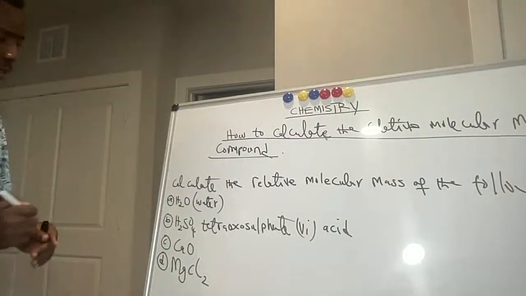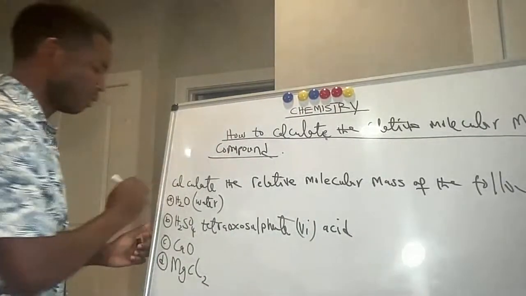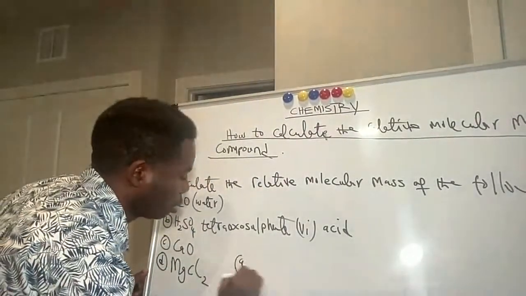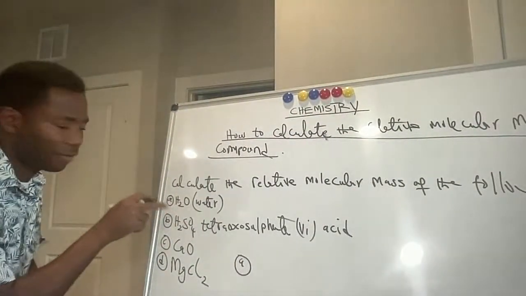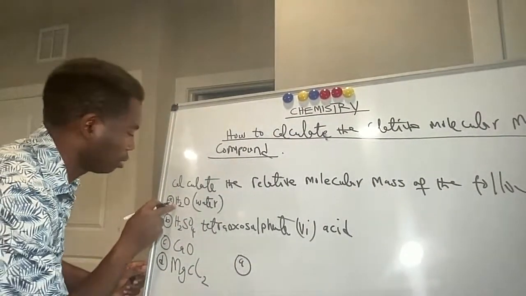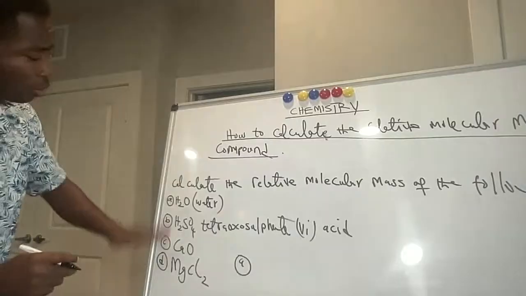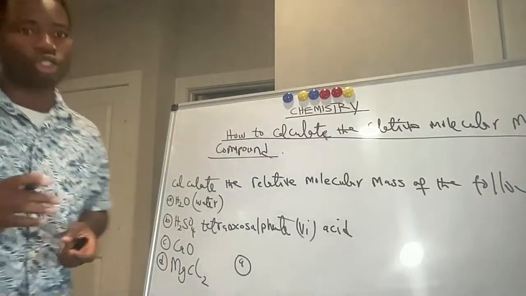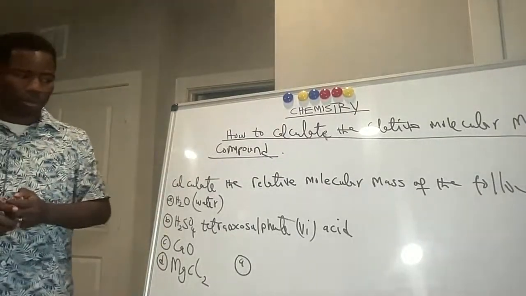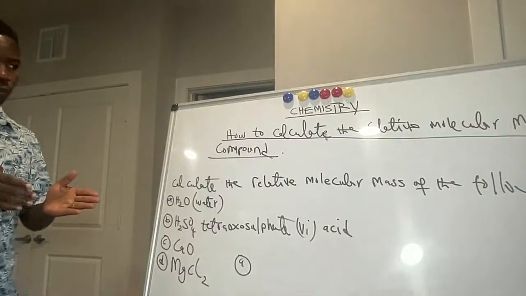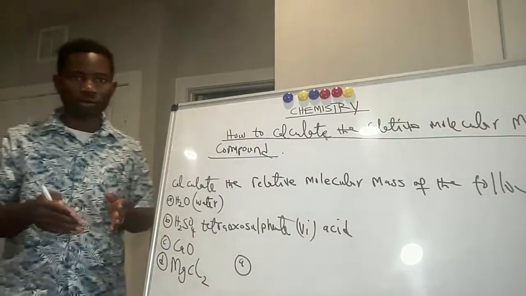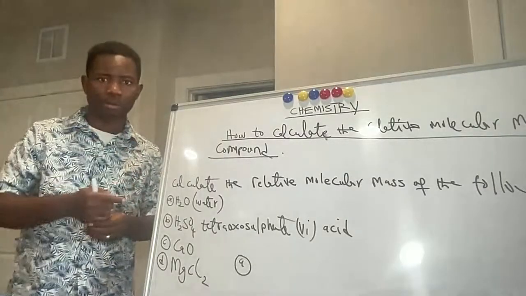Now, let's calculate. Now these are the compounds. Like what I said earlier, you should be able to know the mass number of the individual elements that make up the compound.